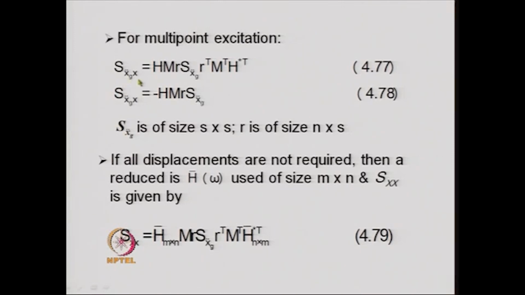It will be SXX, that is the power spectral density function matrix of the response, is equal to now H m in place of I we have got now R. So, H m R, S x double dot G is a matrix now, not a single quantity, because the size of the matrix would depend upon the number of points of excitation, and it is multiplied on the right hand side by R^T, M^T and H star T.